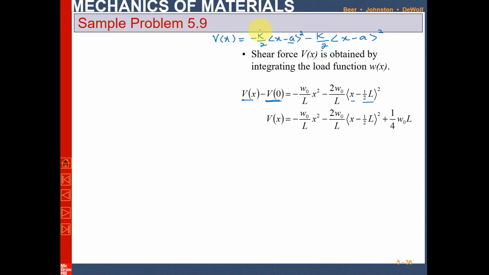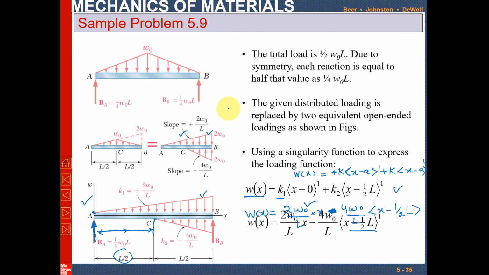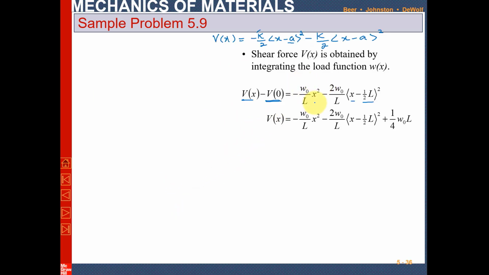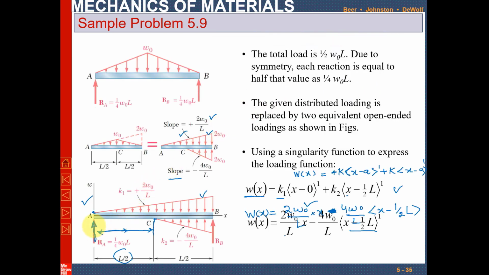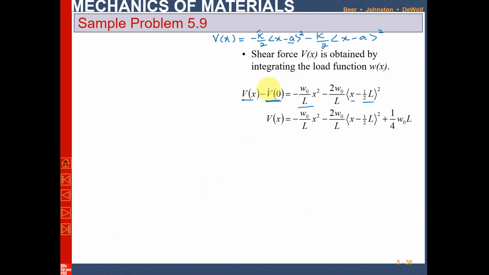Similarly, if you put the value of k1, which was 2 omega naught over L, and k2, which is minus 4 omega naught over L, if you solve this, this will be minus w naught over L into x square minus 2 w naught over L into x minus 1 over 2 L square. Again, the shear force at this point is 1 over 4 into w naught into L. So you have to take it as well.